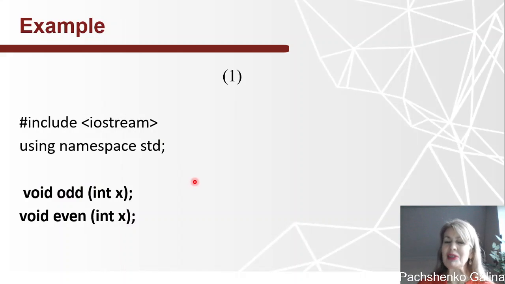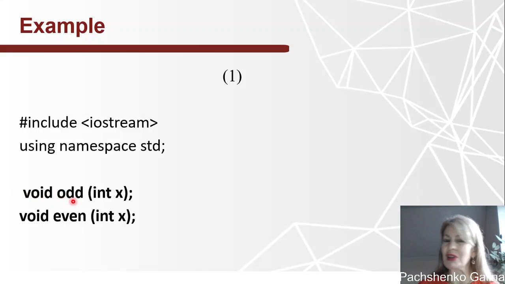Let's consider this example. Here we declare prototypes. Here we can see prototypes for one function. The name of this function is odd, and it has only one parameter x. The type of this parameter is int, and the return type is void, so we don't return any value from this function.